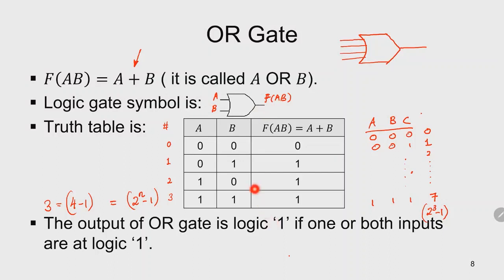If I go through my truth table, 0, 0, so no ones in the input, the output is 0. 0, 1, so one of the inputs is high, or is 1, the output is 1. 1, 0, and then the output will be 1. And then 1, 1, the output will be 1 also. So it doesn't matter if both inputs are 1. All we care about is that either one is 1. If both are 1, that is fine as well. Okay, so that is our OR gate.